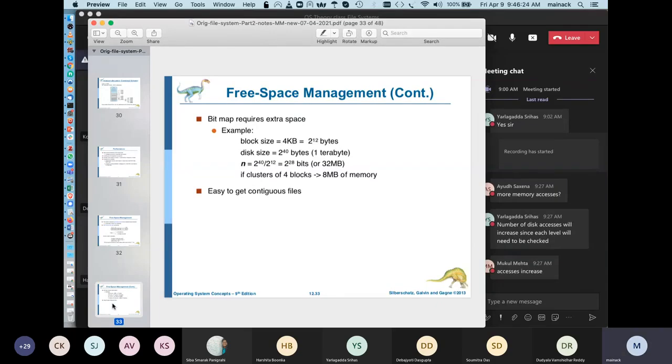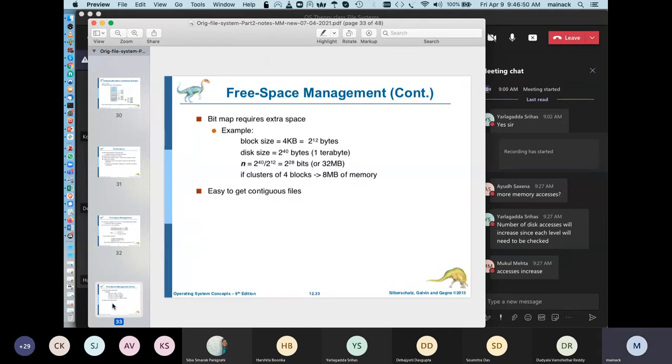Bit vectors are inefficient unless the entire vector is kept in main memory to push it to the CPU. Main memory needs to have space for this bit vector to know which spaces are free. That is possible for smaller file systems and smaller disk sizes, but not for large ones.